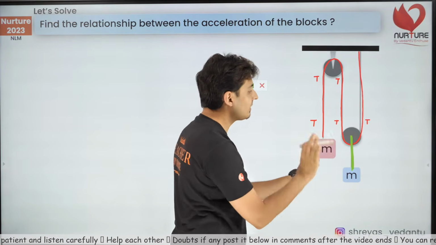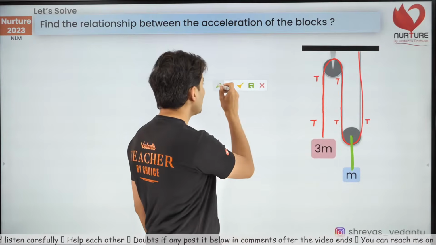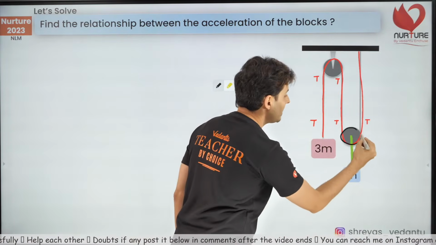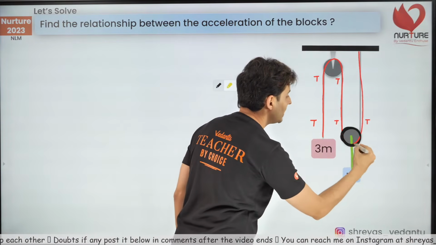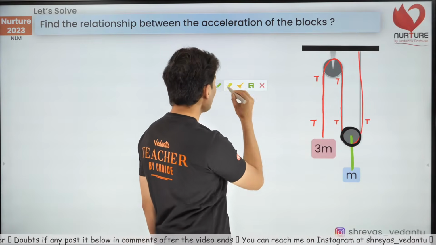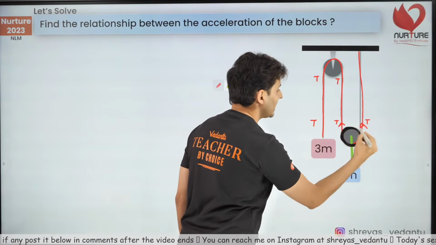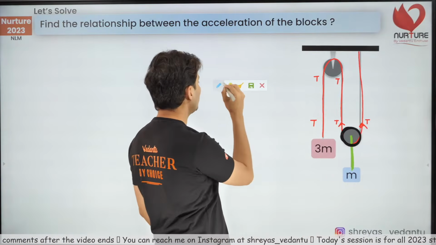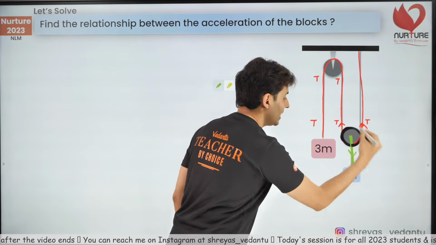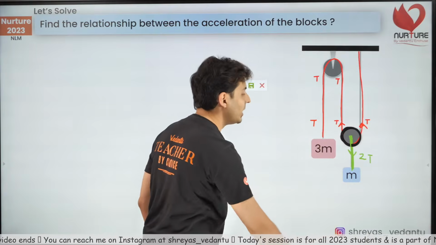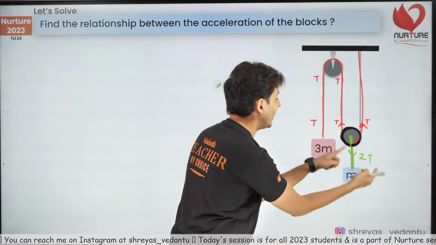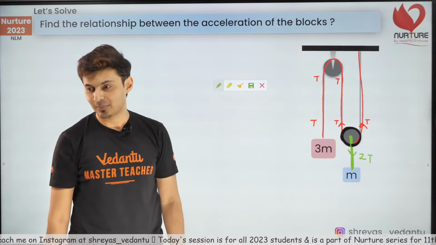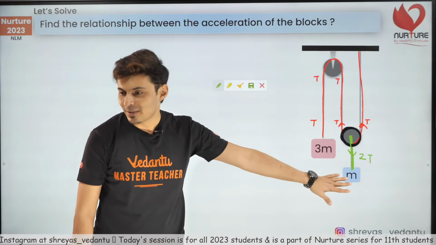This string will not have the same tension. In fact, if you look at the free body diagram of this pulley, you will see there are two tensions pulling it up. So it should be balanced by a tension 2T from below. So this string has twice the tension as the red string. I hope this is clear.